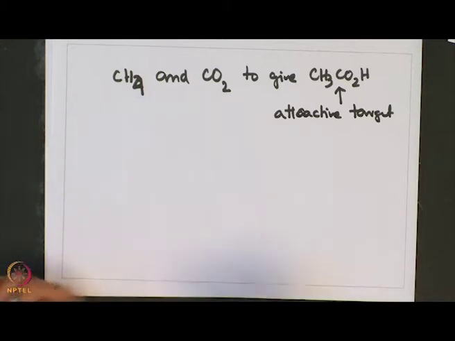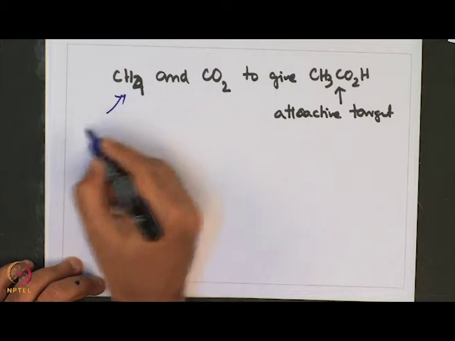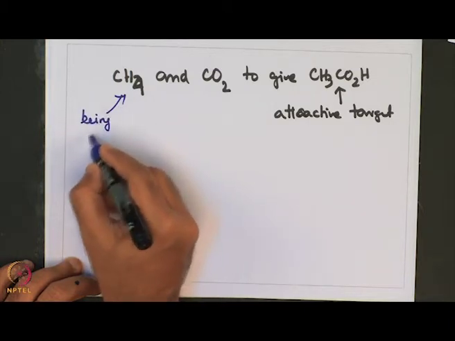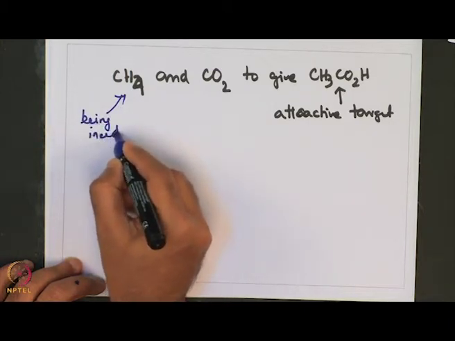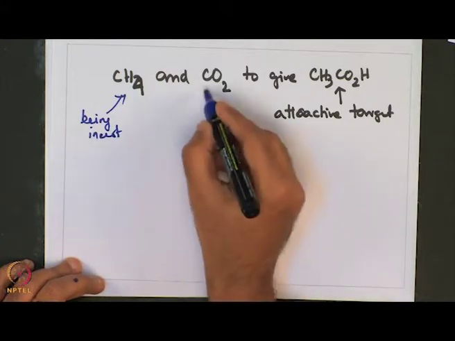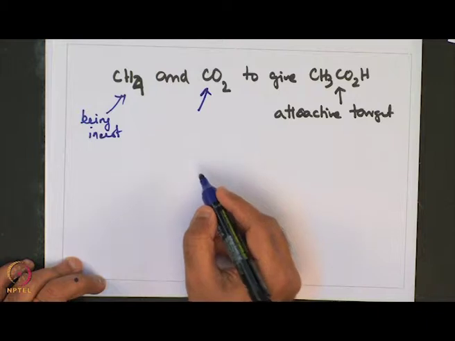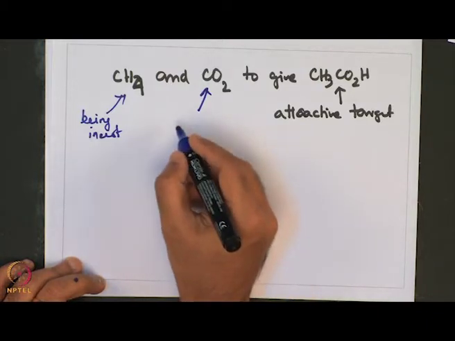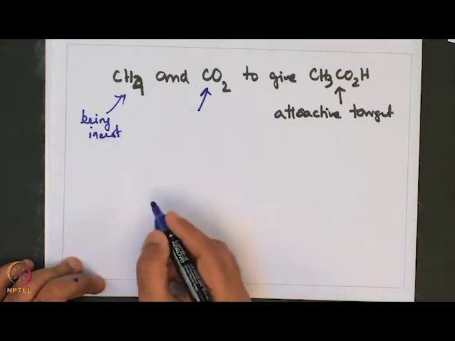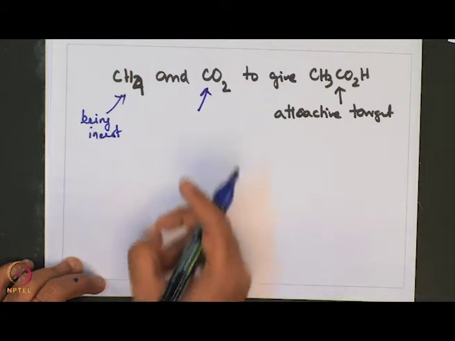Methane, being inert, is difficult to functionalize, and carbon dioxide is produced a lot in the industry.